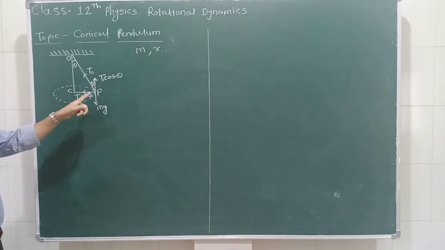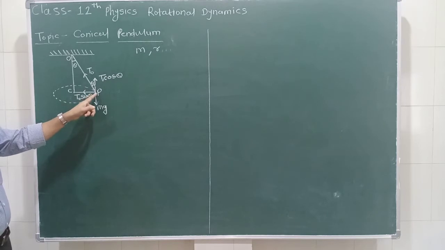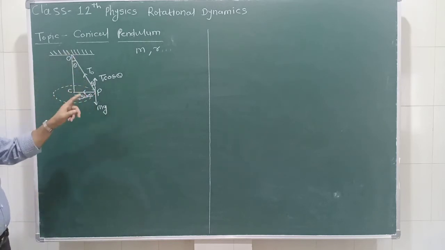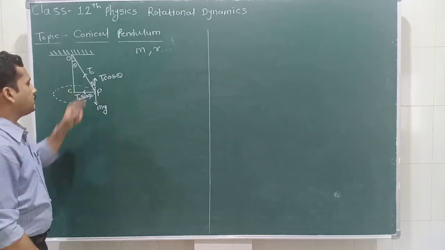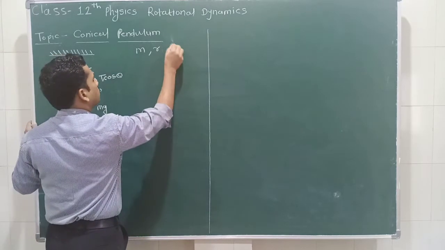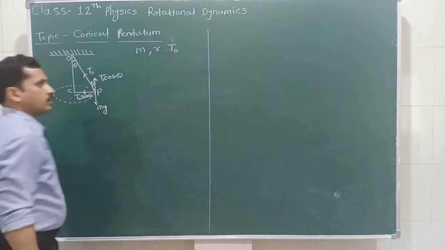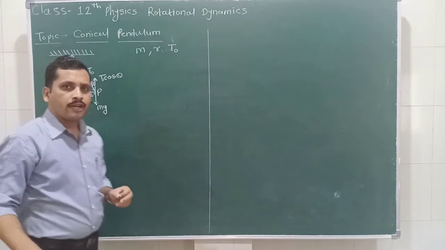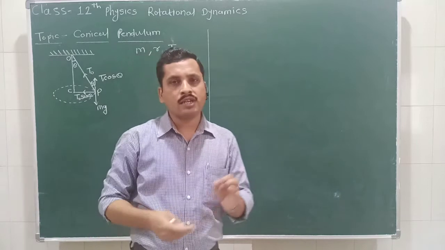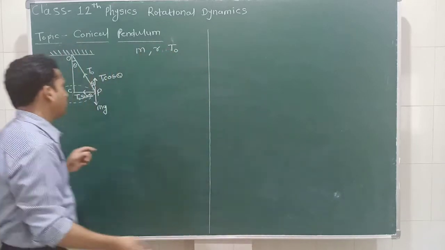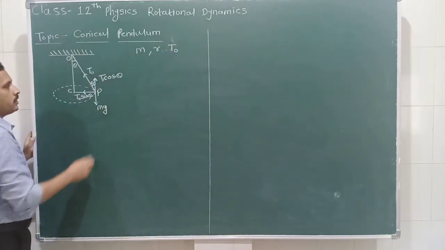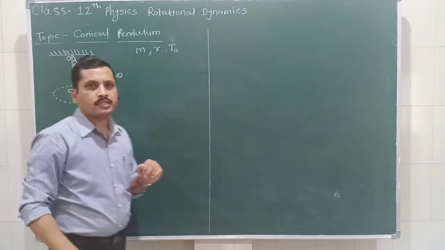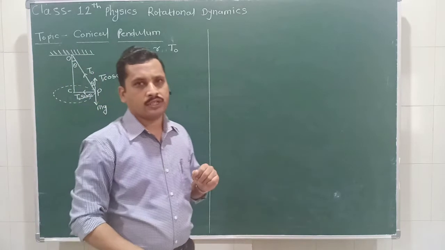This metal bob is connected by a string to a rigid support, therefore a tension acts on the string, and this tension is denoted by T0. This tension is divided into two rectangular components, T sin theta and T cos theta. T cos theta is in the upward direction and T sin theta is in the horizontal direction.